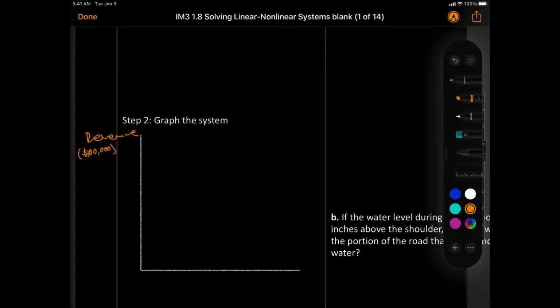And so you might have something like 5, 10, 15, 20, 25, 30, 35, 40. So I'm going by fives. And then over here, I'm going to have the price of this item, which is measured in dollars. We'll also go by fives. 10, 20, 30, 40.